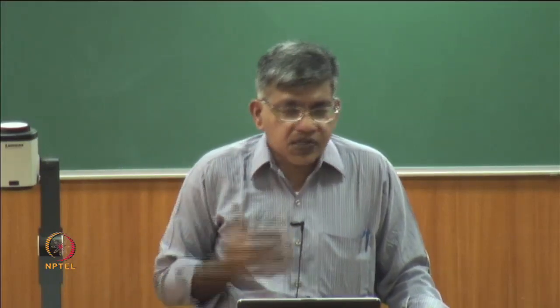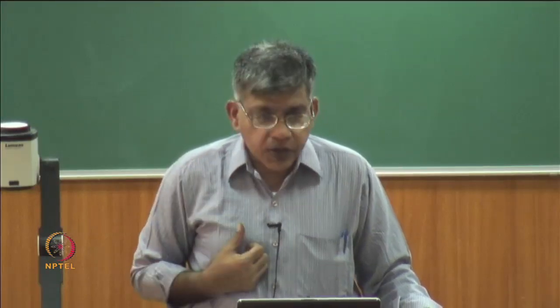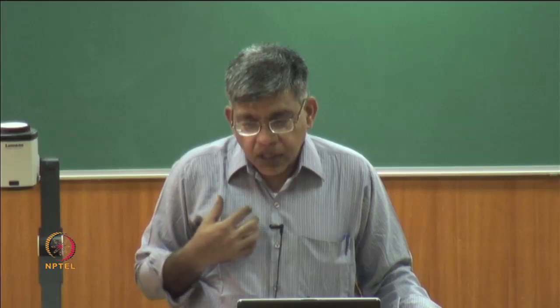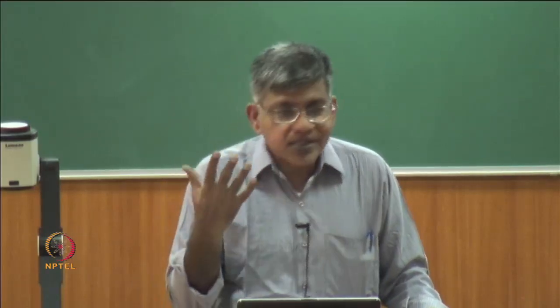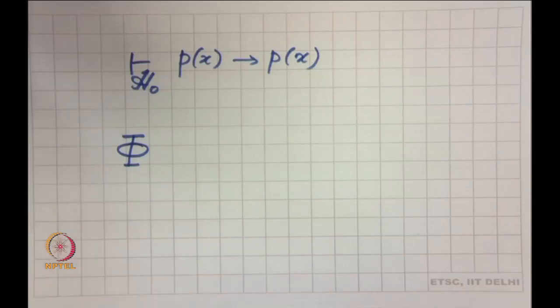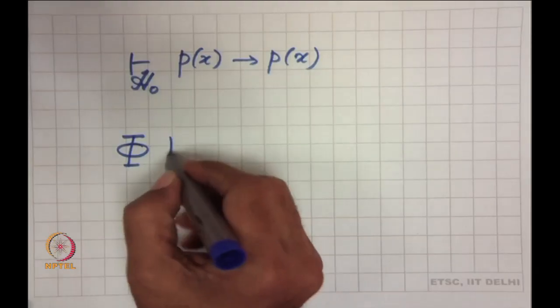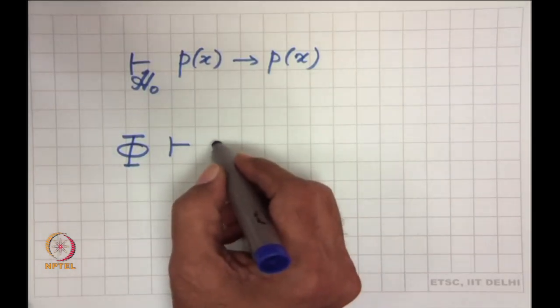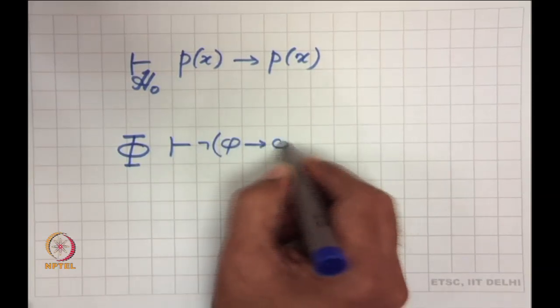Okay. So, what are we saying now by deductive compactness? I am saying that a certain formula phi is a logical consequence, or I am sorry, given a set of formulae capital phi, this is unsatisfiable if and only if it is possible to prove a contradiction such as not of phi arrow phi for some formula phi.